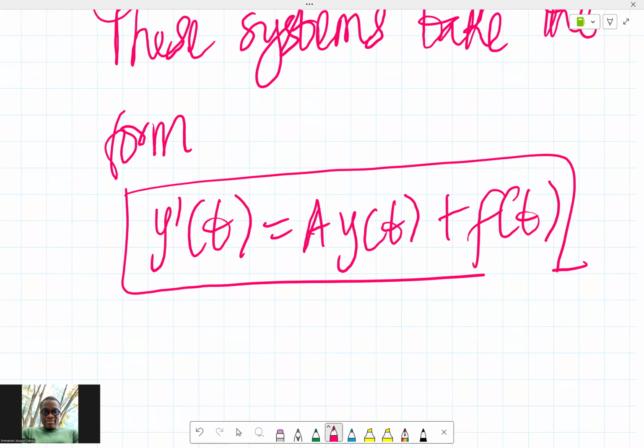Here, y of t is the vector of unknown functions. Then A is a constant matrix, and f of t is a non-homogeneous forcing term.